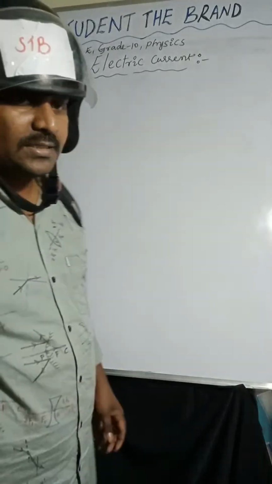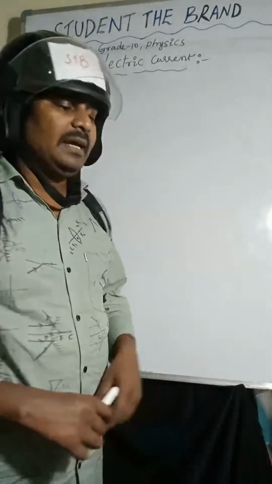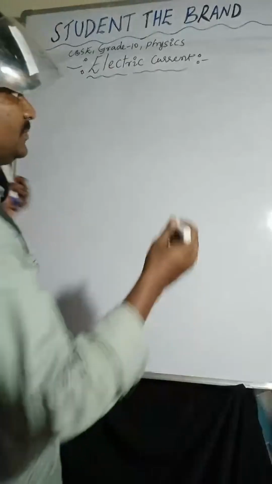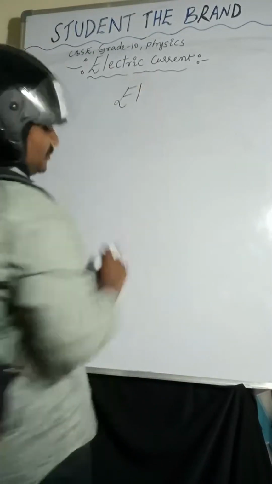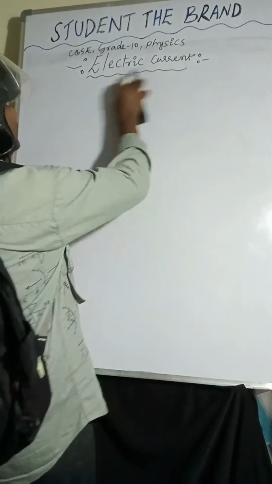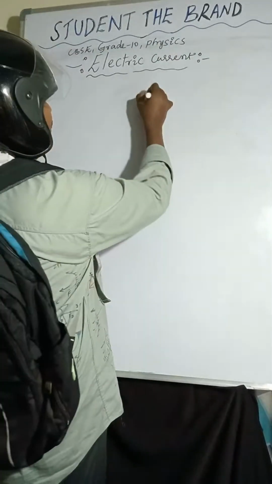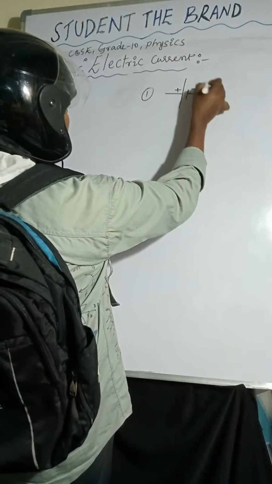So we'll discuss electrical appliances. First one is cell, with positive terminal and negative terminal.